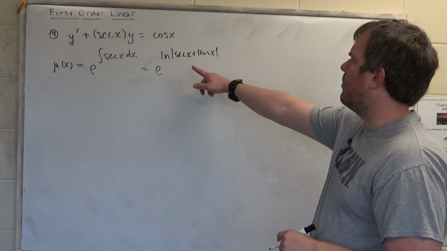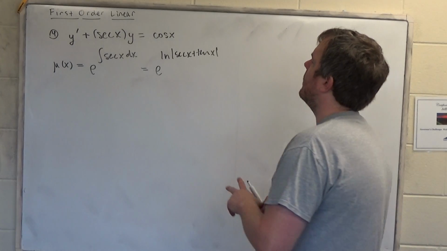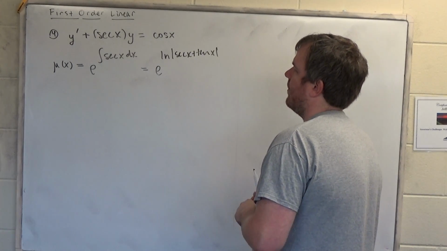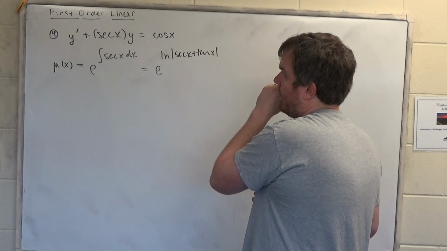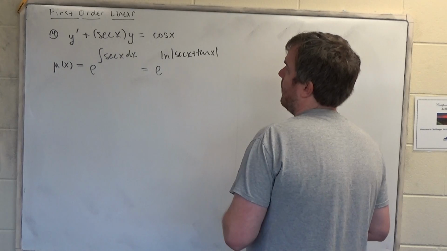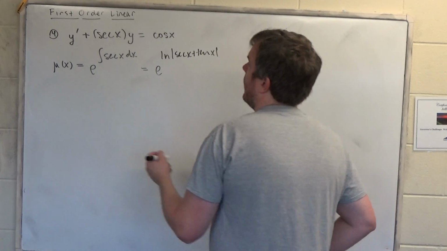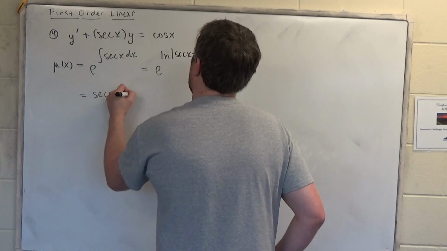And now we say, okay, well, we have this absolute value business problem again. Luckily, secant and tangent are bad at the same places, this being 1 over cosine, this being sine over cosine. And so we just pick a region in which they have the same sign so that we don't have to worry about crossing that 0. And we're just going to ultimately simplify this to secant x plus tangent x.